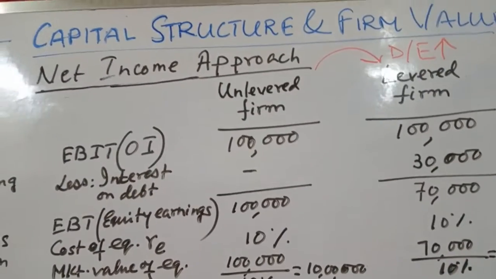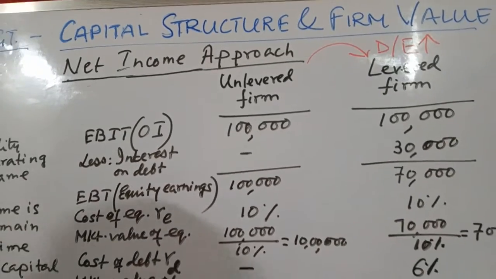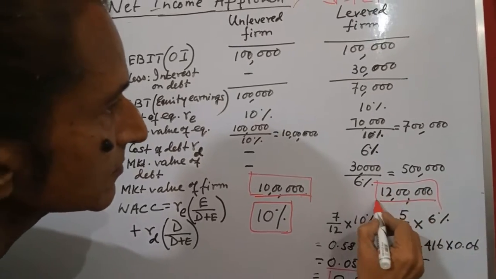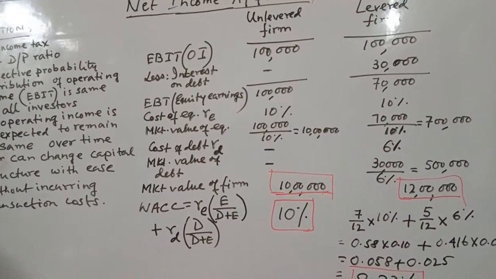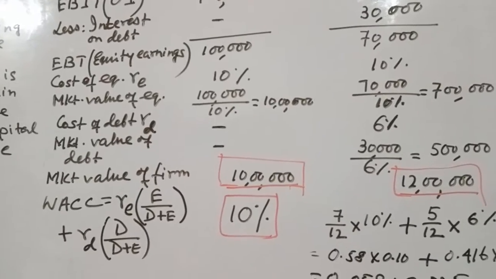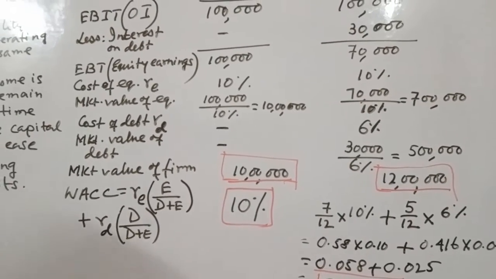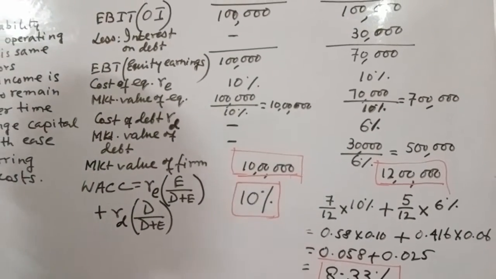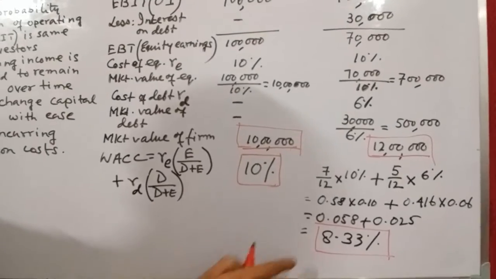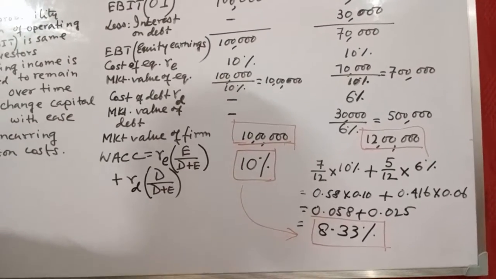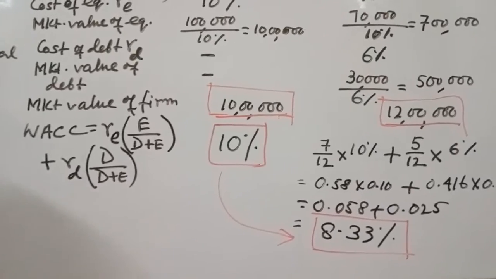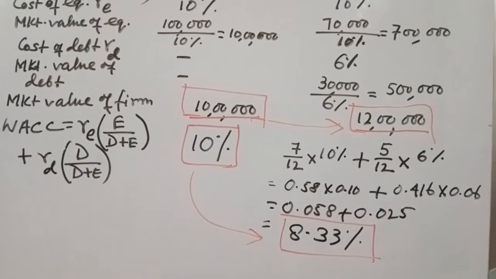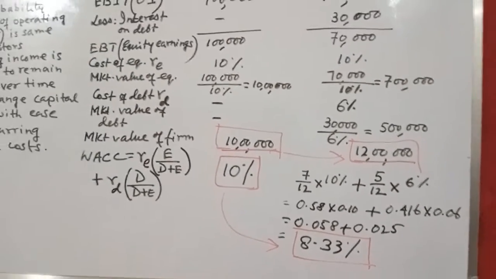As the D ratio increases, we see that market value of the firm is more. That is, with increase in D ratio, cost of equity and cost of debt remaining unchanged, the market value of the firm increases, and at the same time the WACC, weighted average cost of capital, falls. WACC falls and market value of the firm increases. This is the postulation of net income approach.